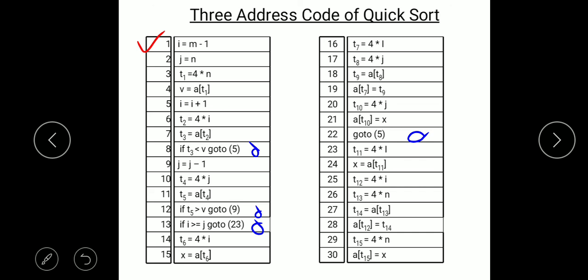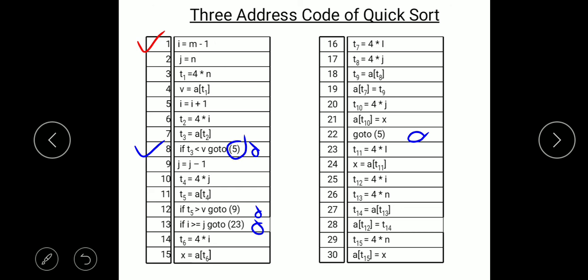So see one by one. What is the target of statement number 8? As we can see, statement number 8 is a conditional go to and its target is 5. So the fifth statement would be a leader statement.